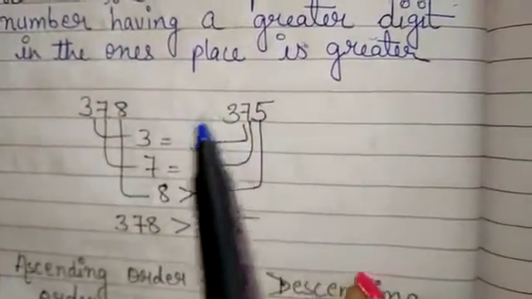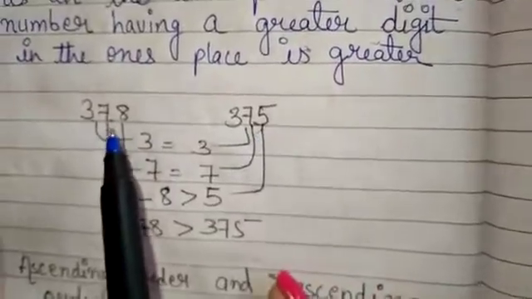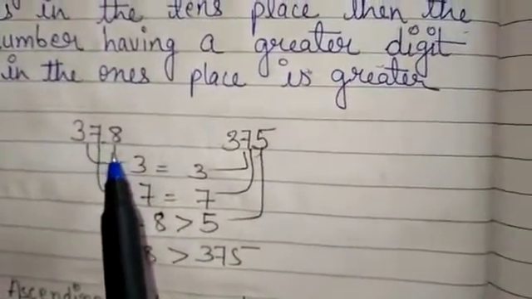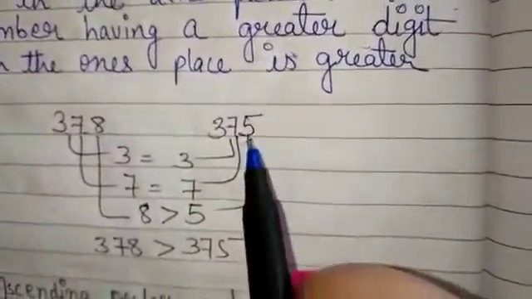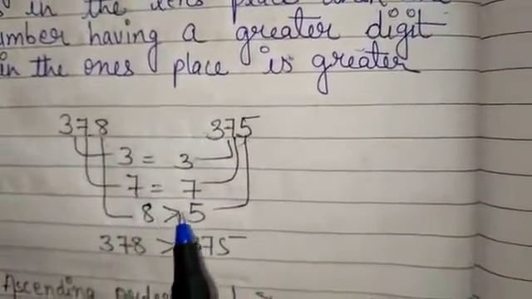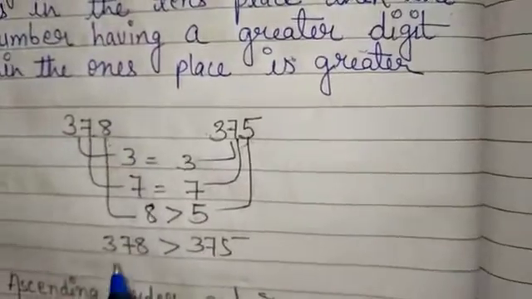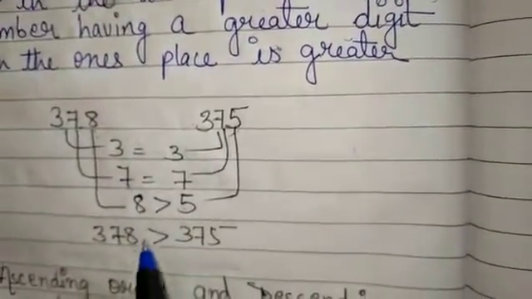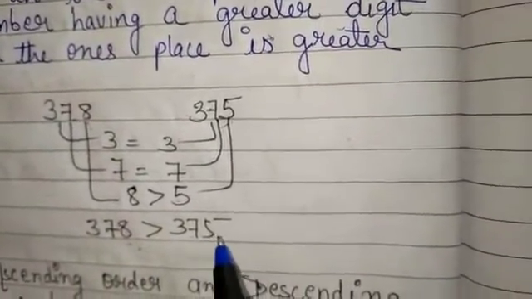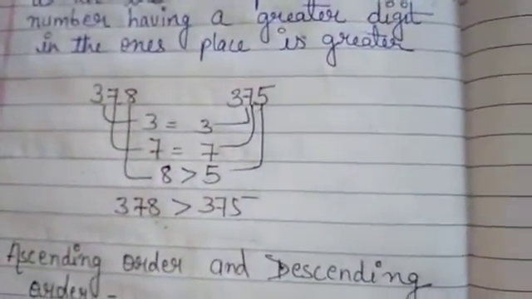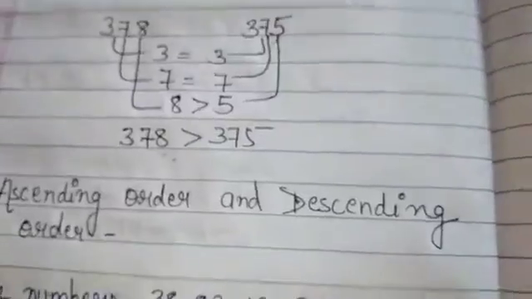The 10s place number is also the same, 7 and 7. Now we will see the ones place. Here it is 8 and 5. 8 is greater than 5. So 378 is greater than 375. I hope you all have understood the comparison between 3-digit numbers.